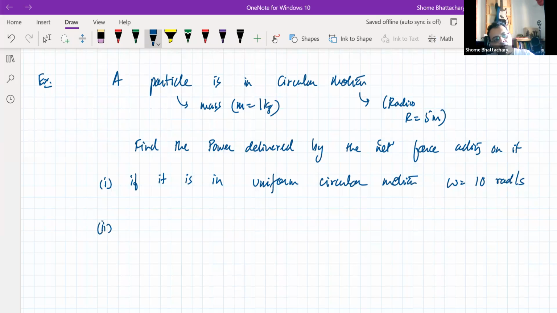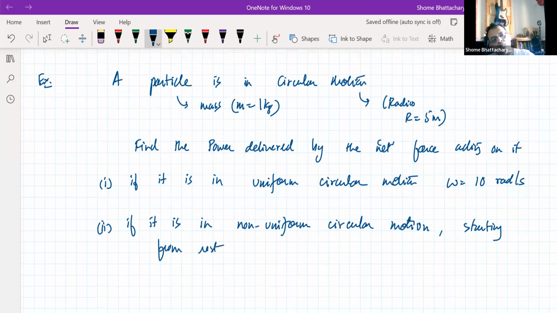Secondly, if it is in non-uniform circular motion, starting from rest at t equal to 0 with a uniform alpha equal to 2 radians per second square.